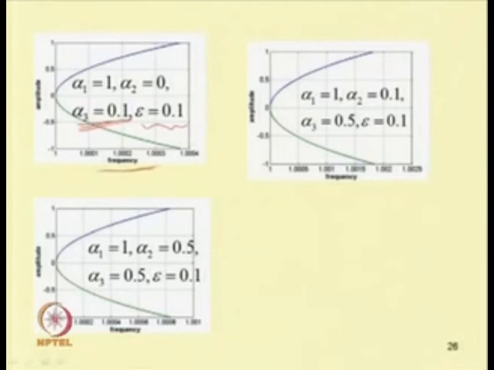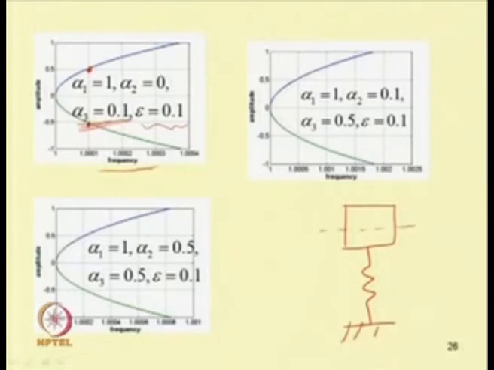So, for a particular frequency, for example 1.0001, either the amplitude will be this or this. That means, in the case of a spring with cubic nonlinearity. So, this is a spring with cubic nonlinearity.